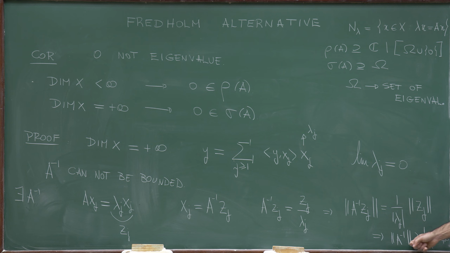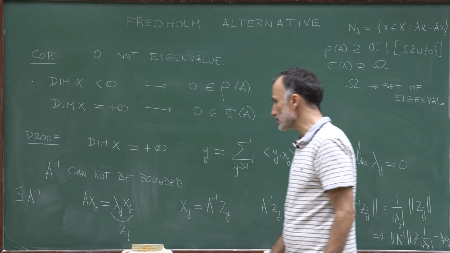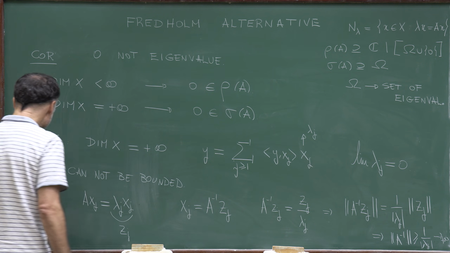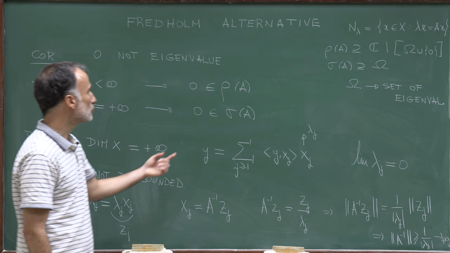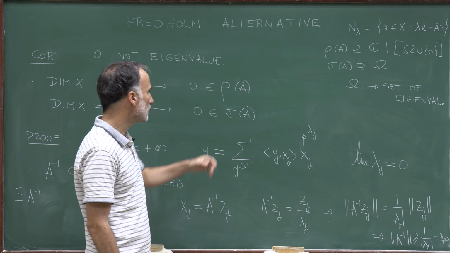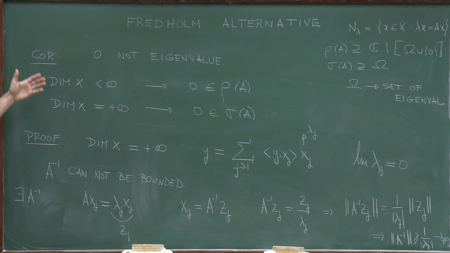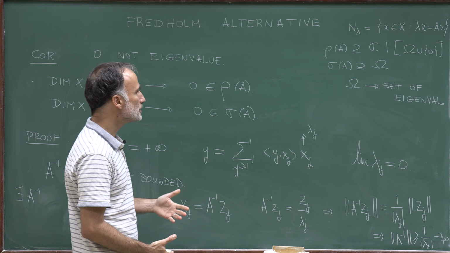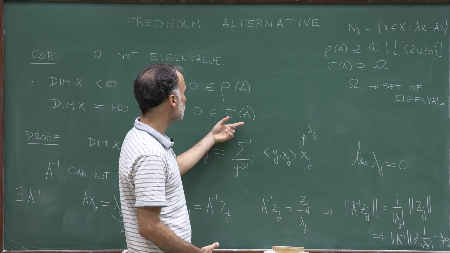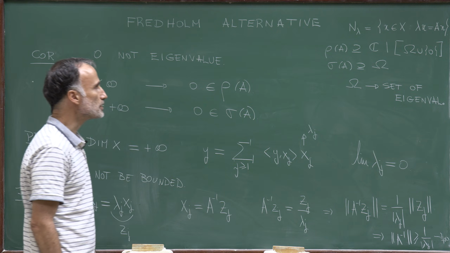Therefore I deduce that the norm of A minus 1 is infinite, and therefore A minus 1 is not bounded. If it exists, it's not a bounded operator, and therefore 0 does not belong to the resolvent, so it has to belong to the spectrum. So we have proved this corollary, which gives us, in the case of a symmetric compact operator, a complete description of the spectrum of the operator and therefore of its resolvent set.